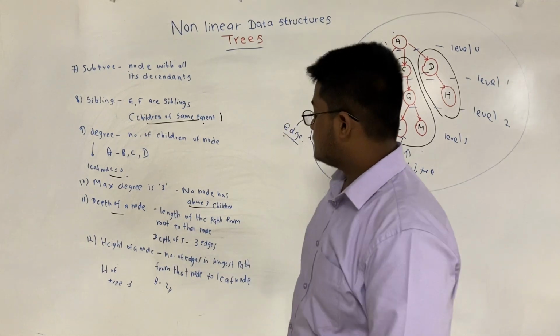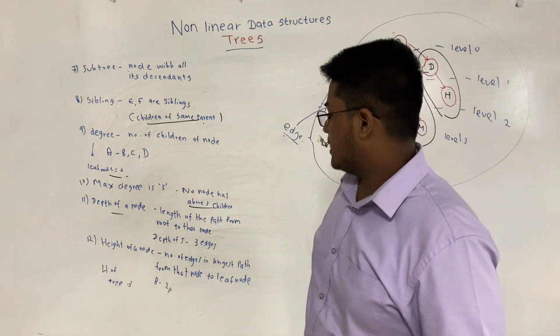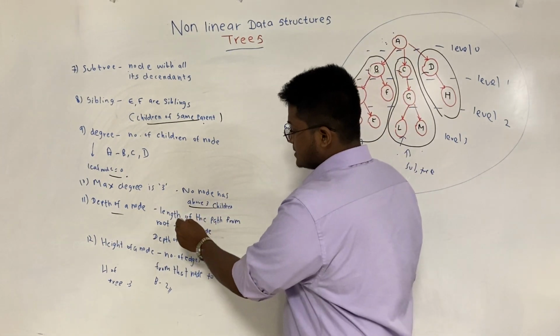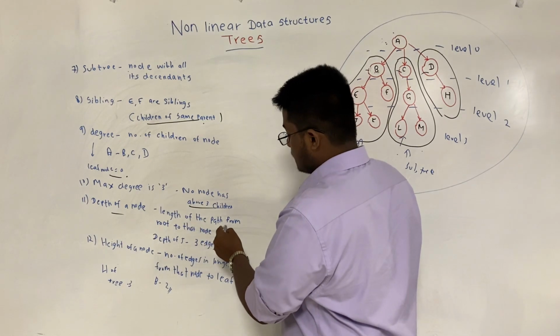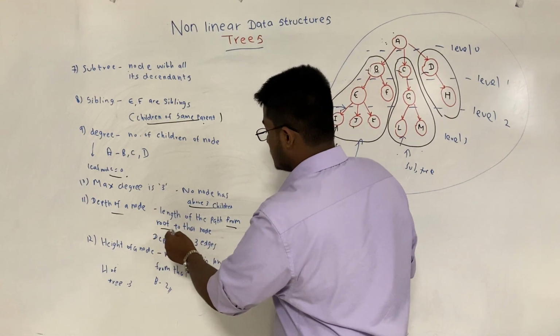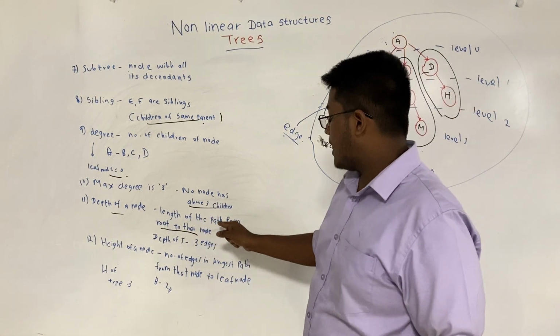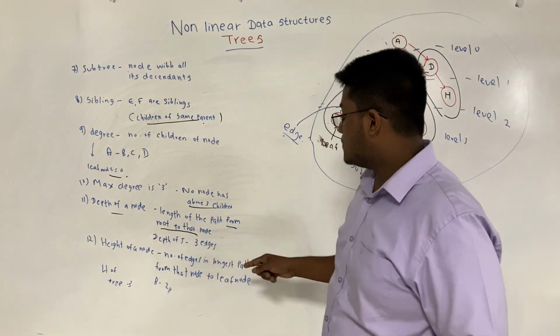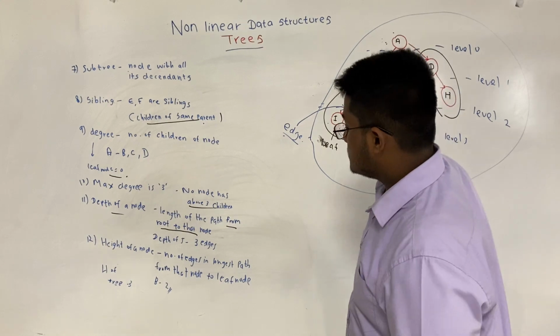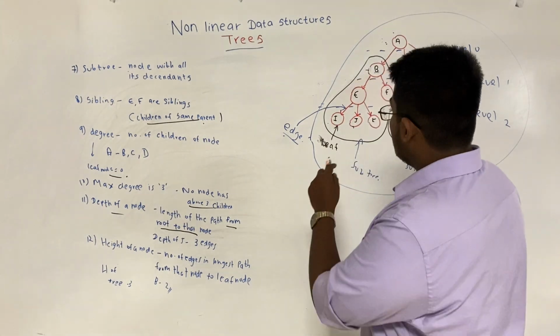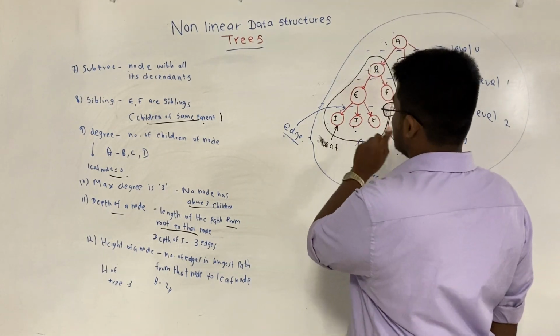Depth of a node. Depth of a node is the length of the path from the root to that node, right? What is the depth of J?